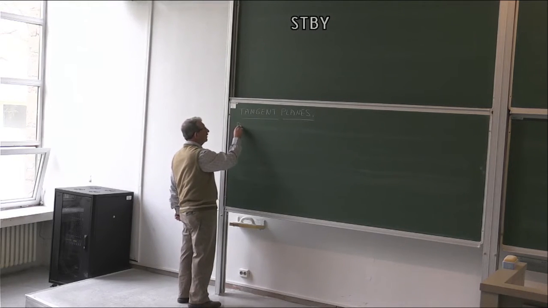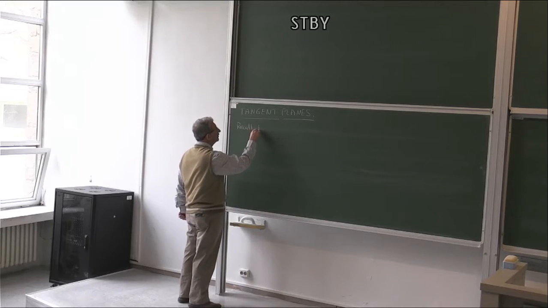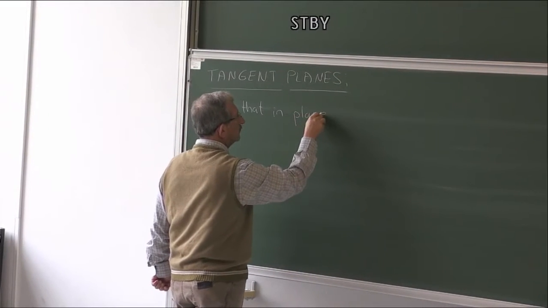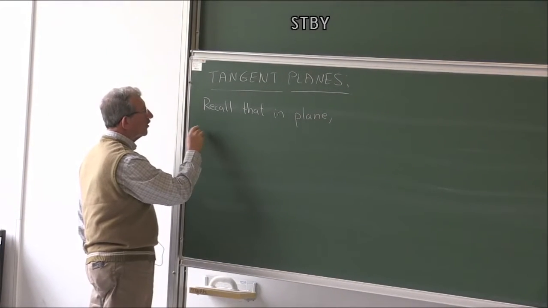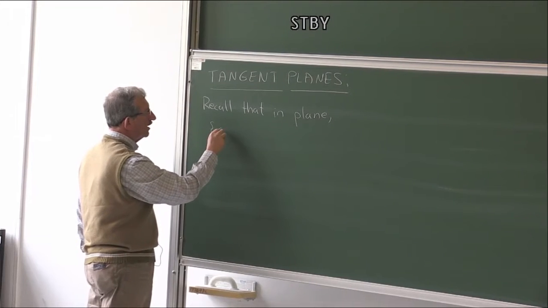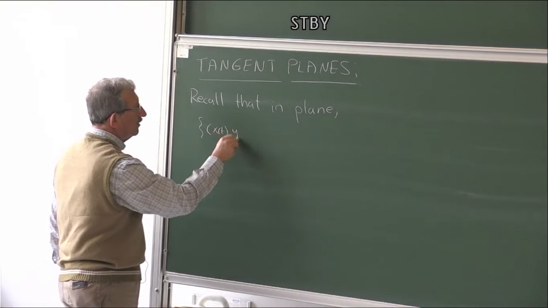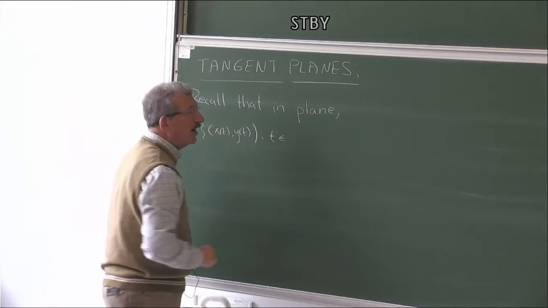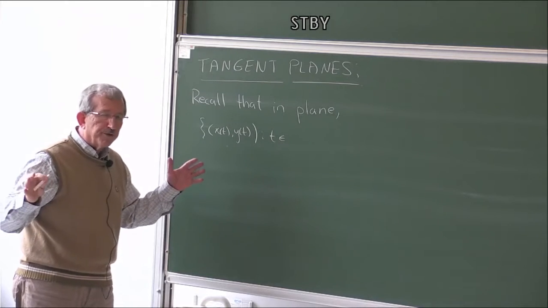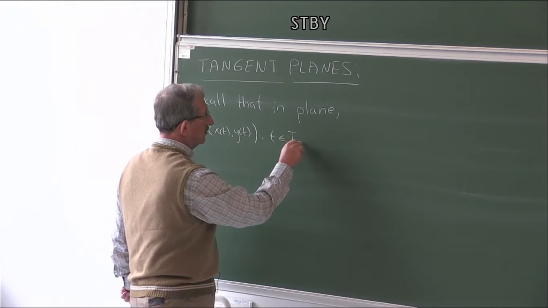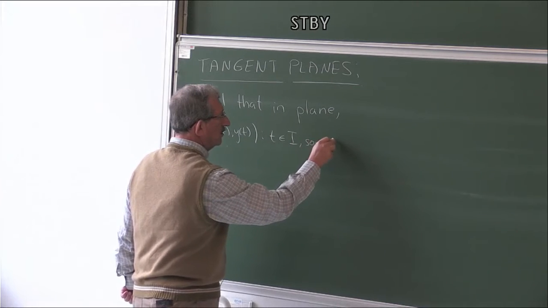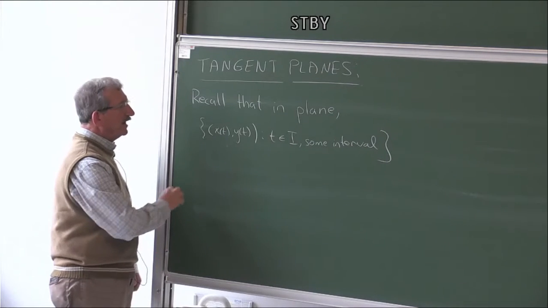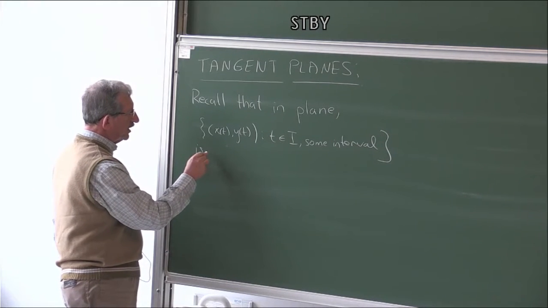Let us recall that in the plane, the set of all pairs x of t, y of t, where t is changing in an interval, this could be all real axes, this set is a curve.